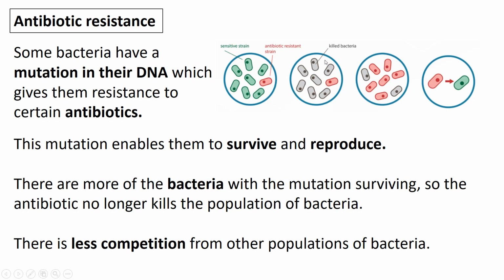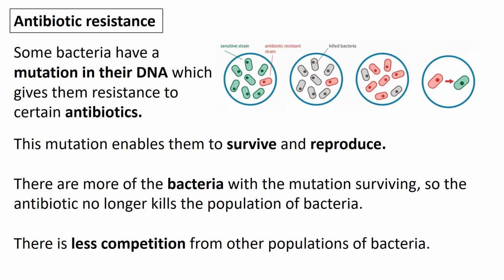Those sensitive bacteria will be killed, but the one bacterium that has got that mutation can survive and reproduce by binary fission, and therefore you have now got a resistant strain. There are more bacteria with the mutation that survive, and they are not going to be killed by that particular antibiotic.